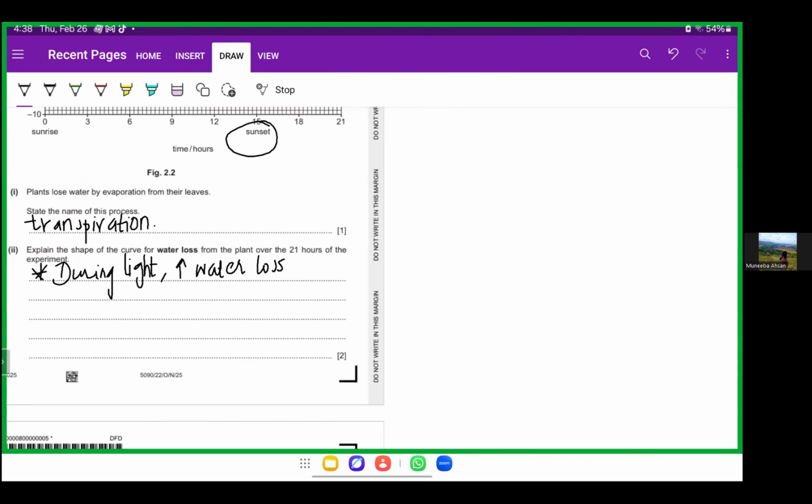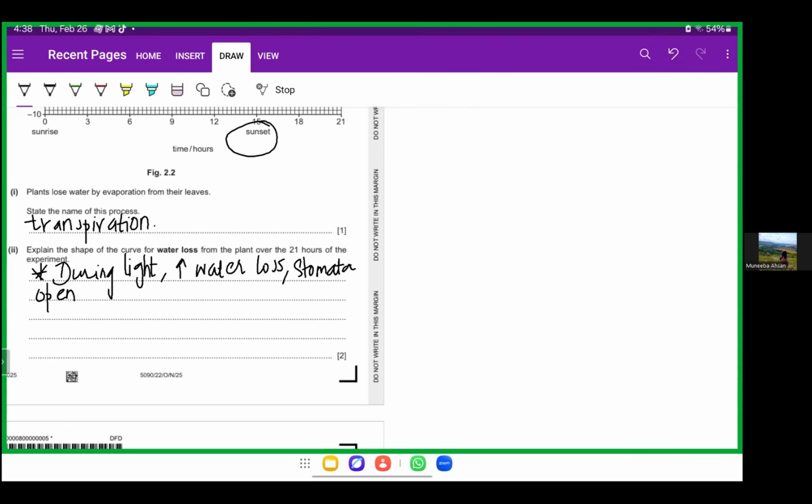And why is it so? We also have to explain it, because it's sunrise time and the stomata are open. Because during the daytime, the stomata are open for the purpose of photosynthesis as well.